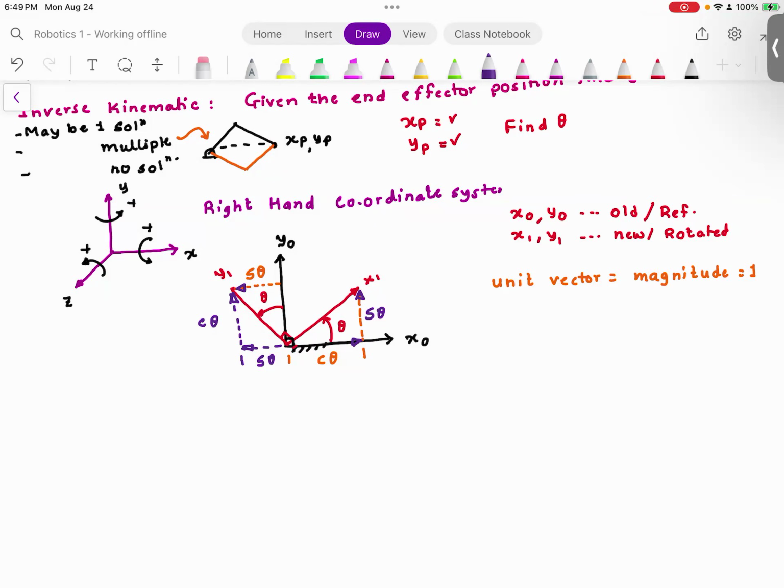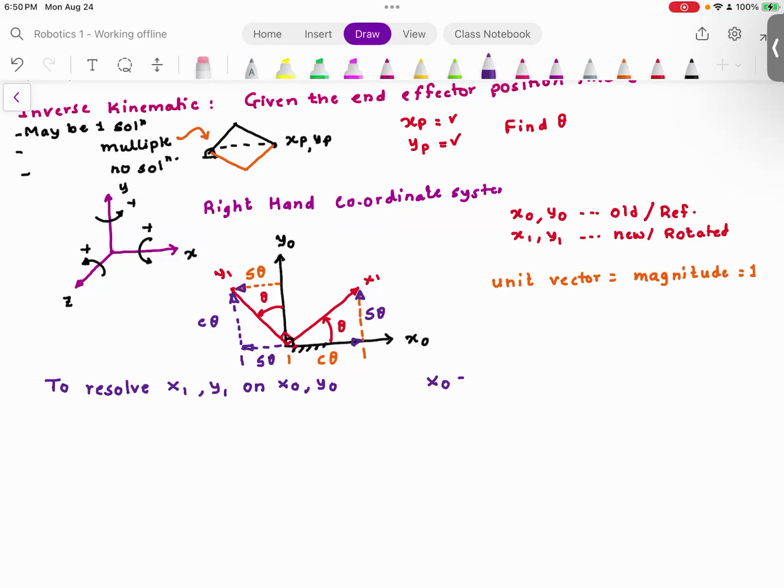So what I'm trying to say here is, and I'm going to write this down. To resolve X1, Y1 on X0, Y0, we have to find the appropriate sine and cosine components. So check this out.